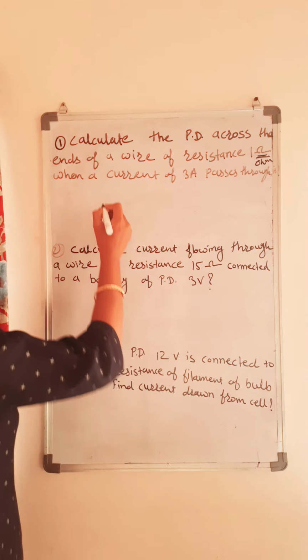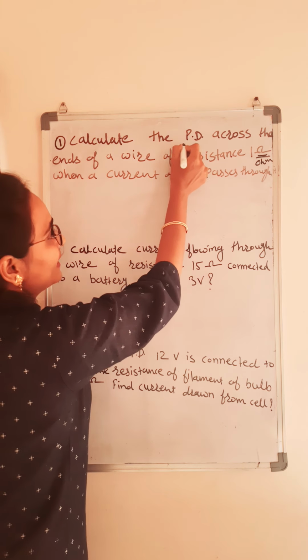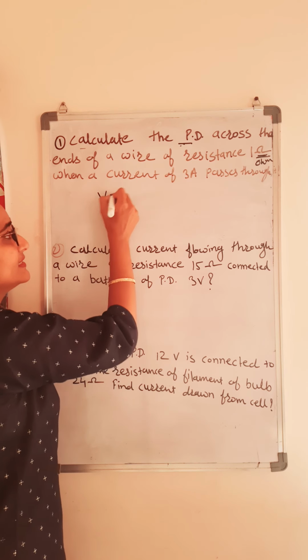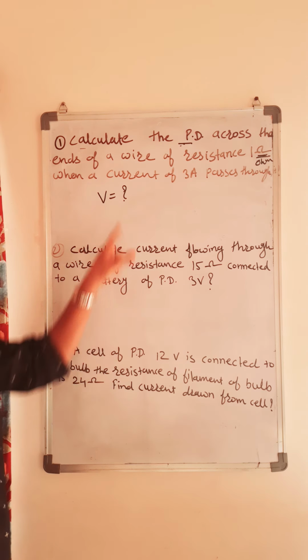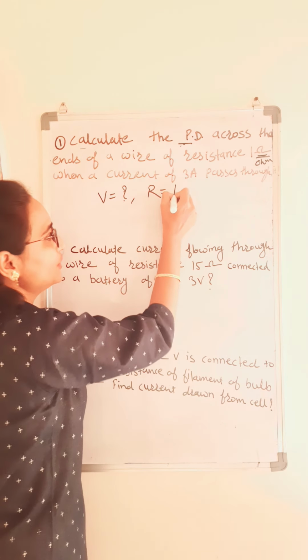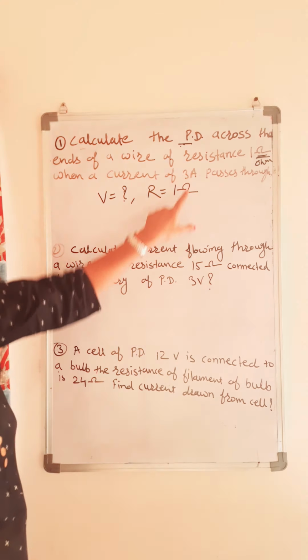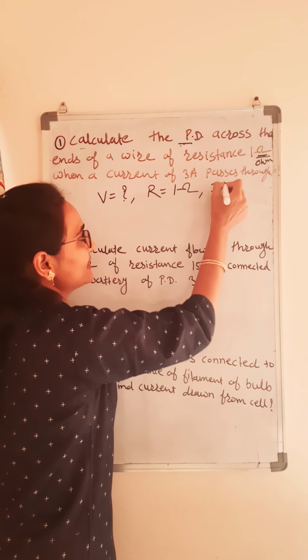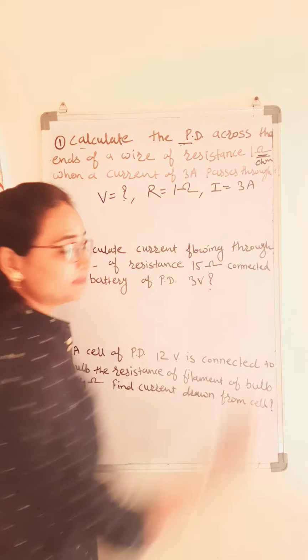So what is given? We have to calculate the potential difference, which is denoted by symbol V. Resistance is given, 1 ohm. And how much current is passing through it? I is equals to 3 ampere.